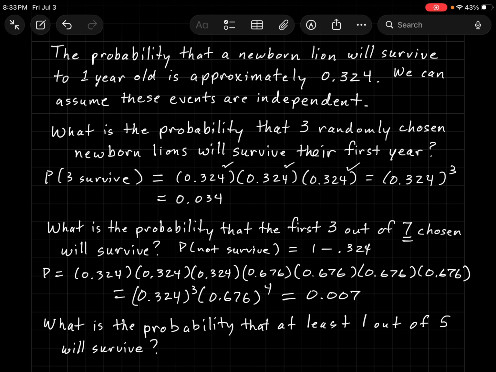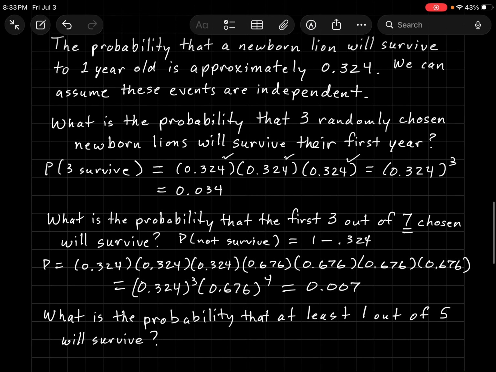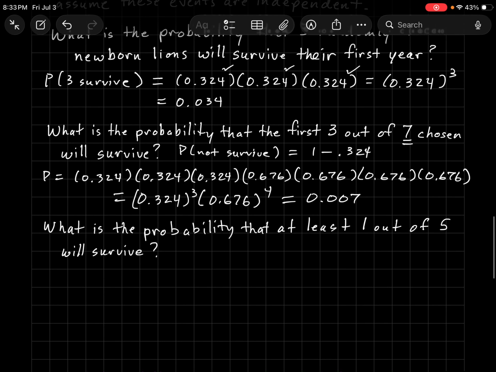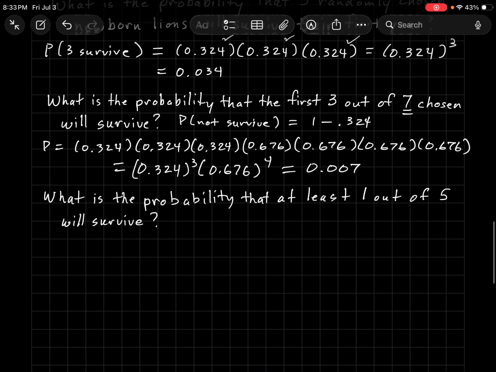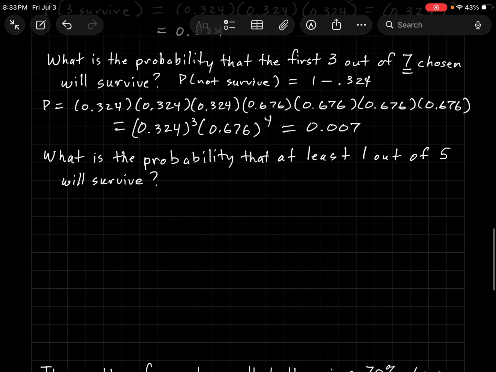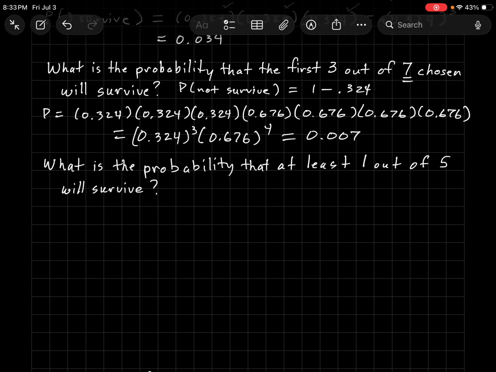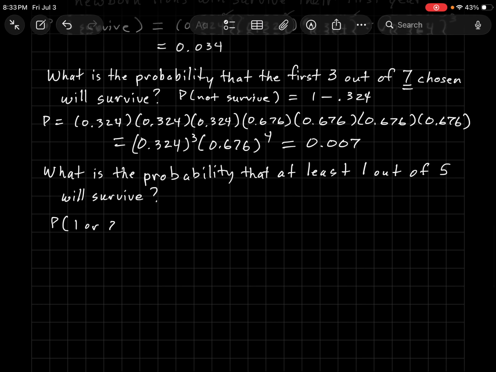let's take a look at a more complicated appearing problem. Same probability, still talk about the lions. What is the probability that at least 1 out of 5 will survive? So at least 1 means it's really the probability that 1 survives, or 2 survive, or 3, or 4, or 5.